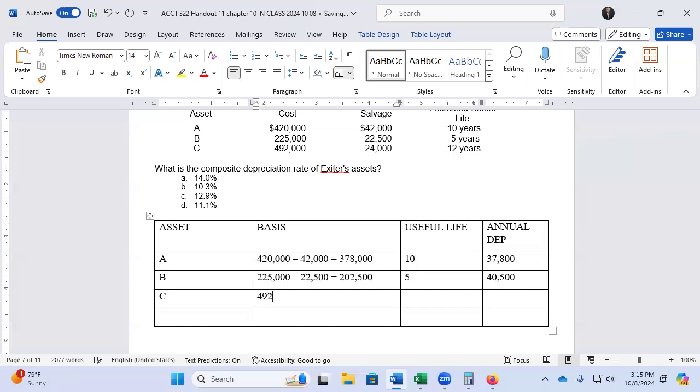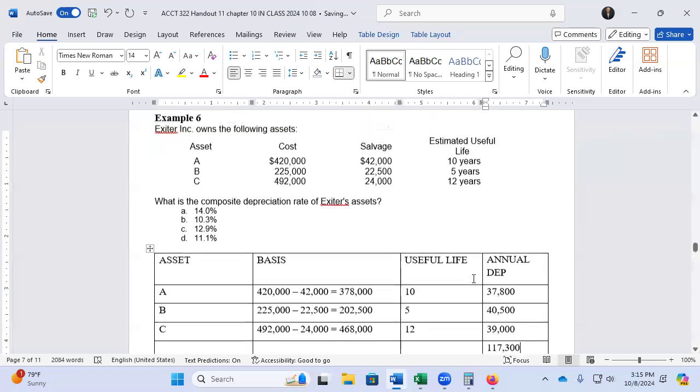C, 492,000 minus 24,000 equals 468,000. We divide that by 12 and we get 39,000. So we total that up. 117,300.